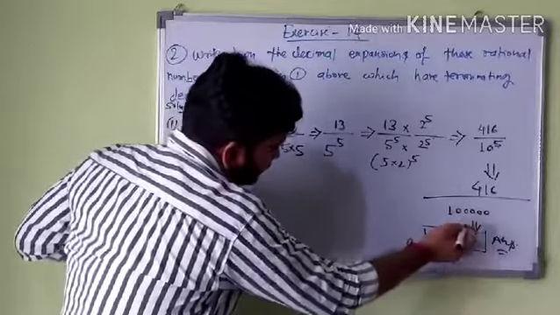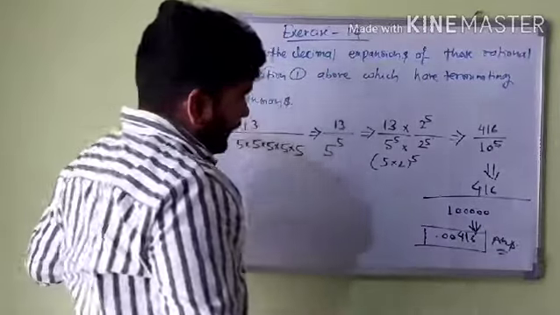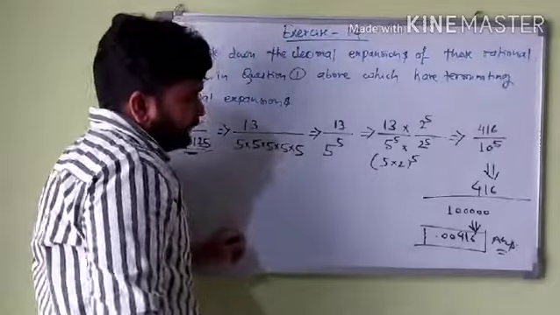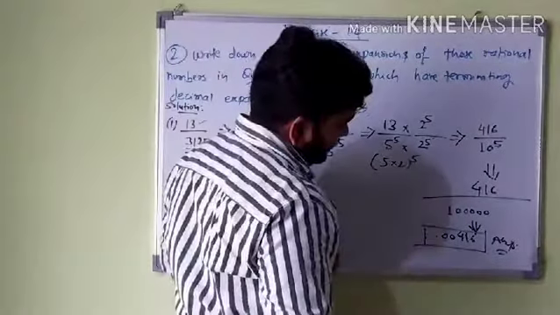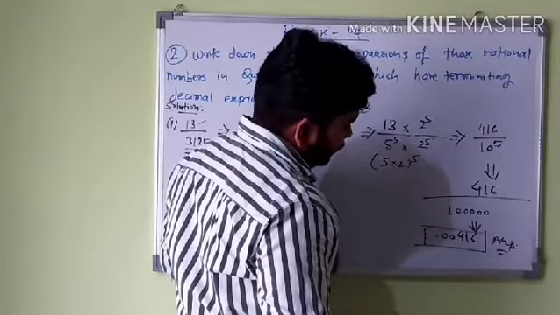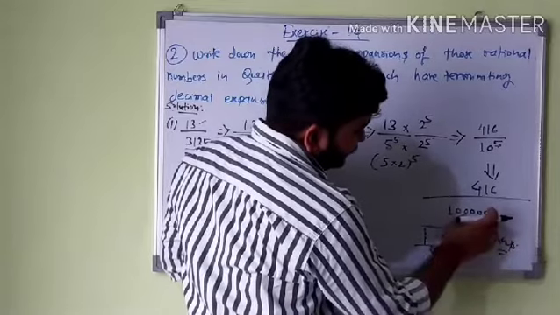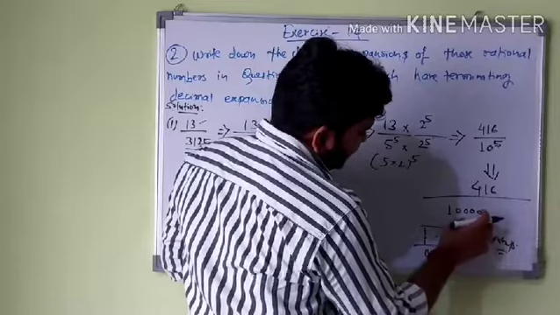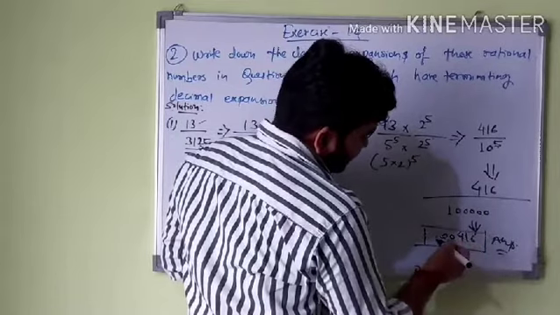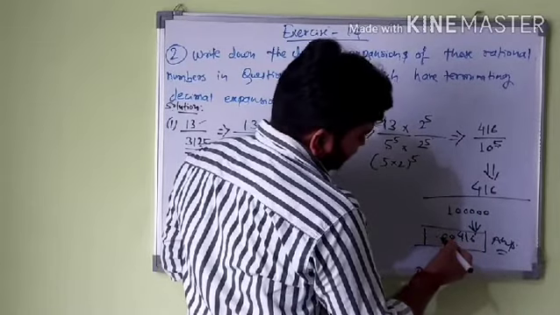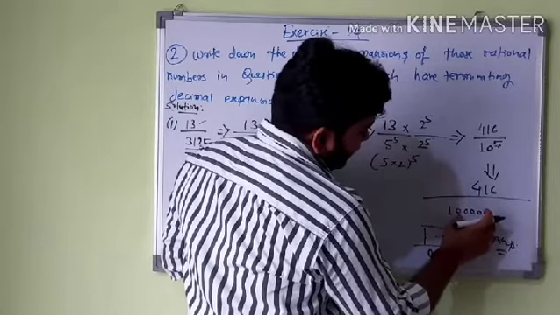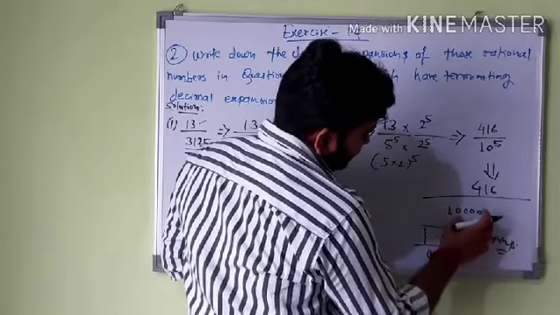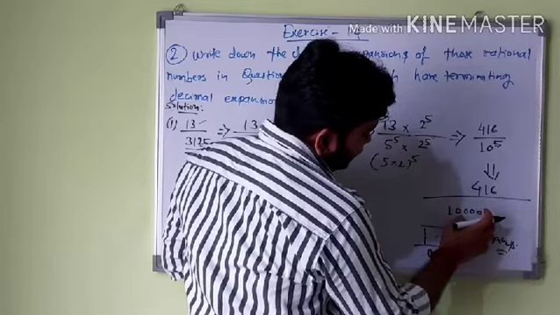When we convert it, the number of zeros in the denominator tells us how many digits we need after the decimal point.